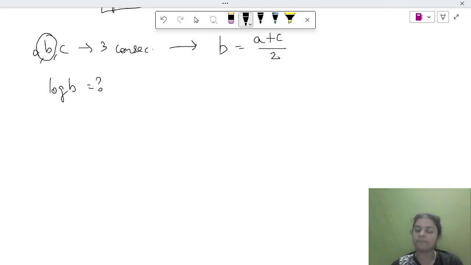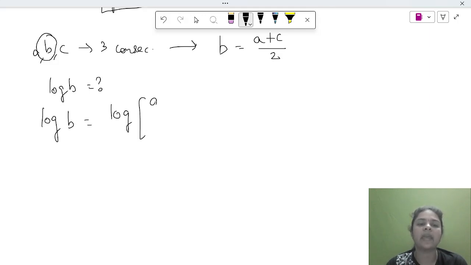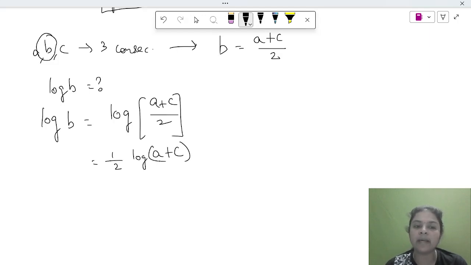Okay, so now we are going to write this as log b is equal to log of a plus c divided by 2. Or we can write this as 1 by 2 log a plus c. Now remember, if it is in multiplication, you can write log a plus log c. Here it is addition.